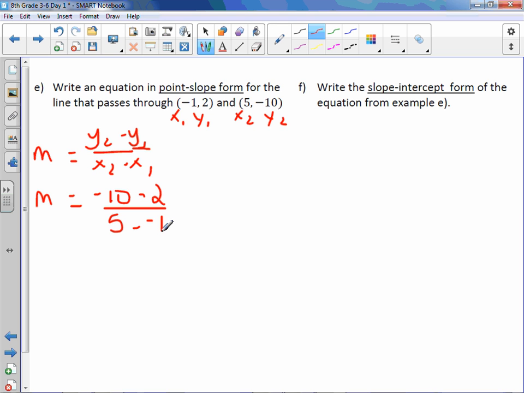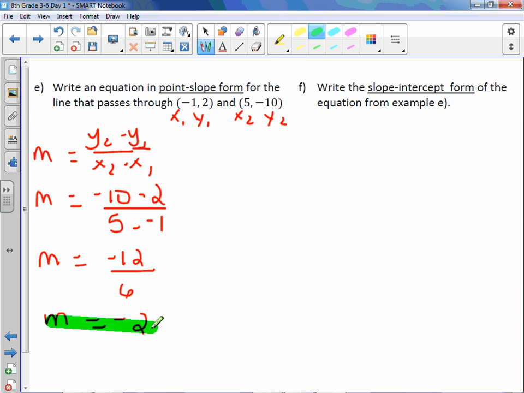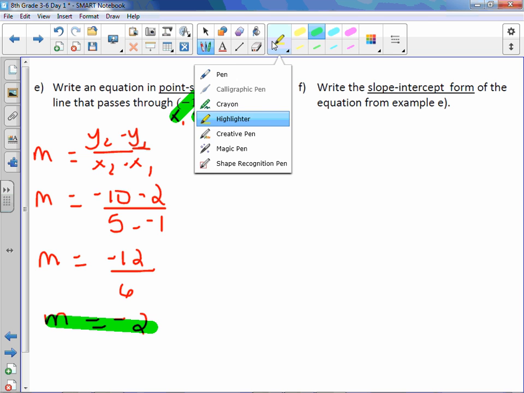So 5 minus negative 1. M equals negative 10 minus 2 is negative 12, over 5 minus negative 1 is positive 6. And negative 12 divided by 6 is negative 2. So we have our slope of negative 2, and we have our x1 and y1 values.